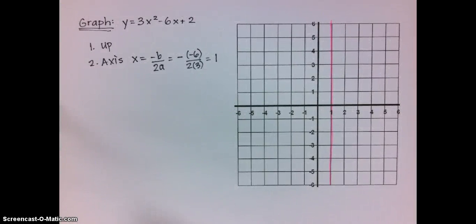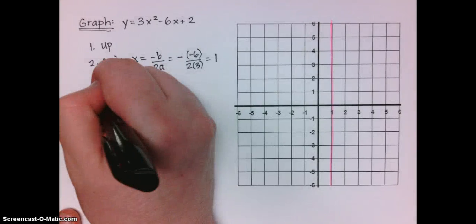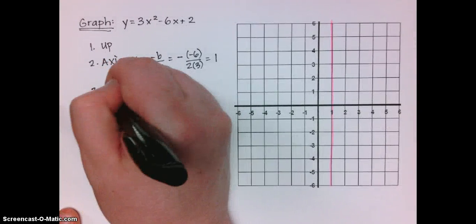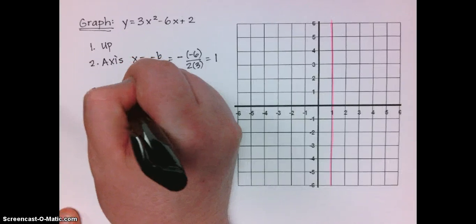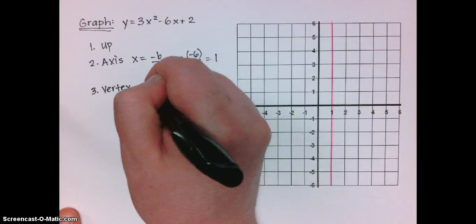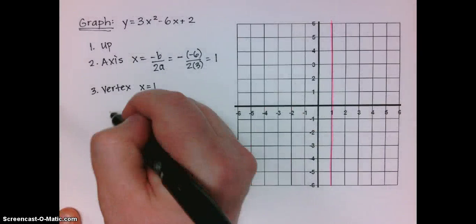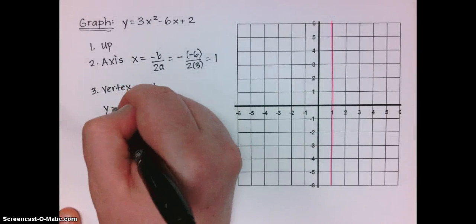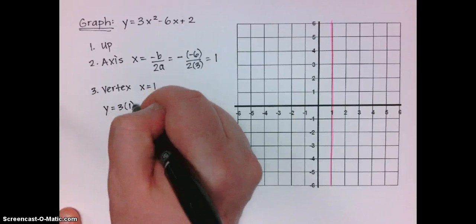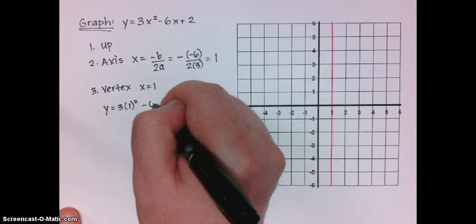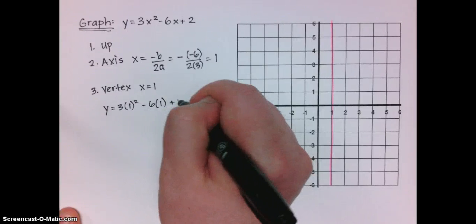So now that I know that, let's find the vertex. Okay, so if I know that x is going to be equal to 1 as part of the vertex, then let's plug it in to find the y. y is equal to 3 times 1 squared, minus 6 times 1, plus 2.